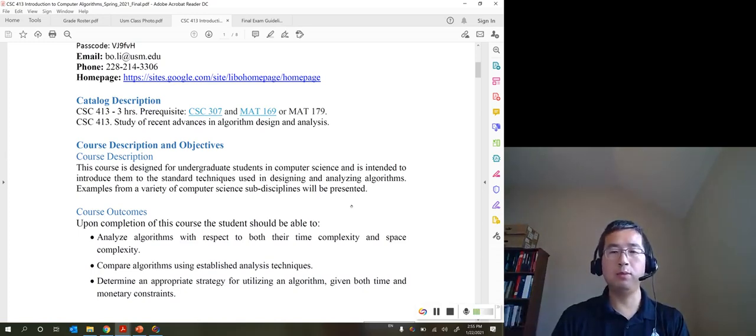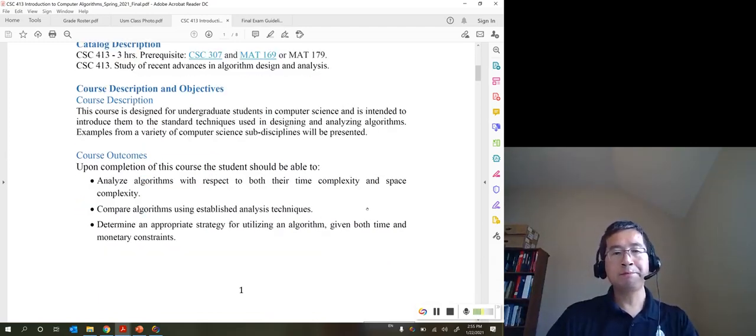The important strategies we mentioned are divide and conquer, dynamic programming, greedy algorithm, and graph algorithm. We may cover something else. Applications include string matching, shortest distance, and optimal solutions for optimization problems.